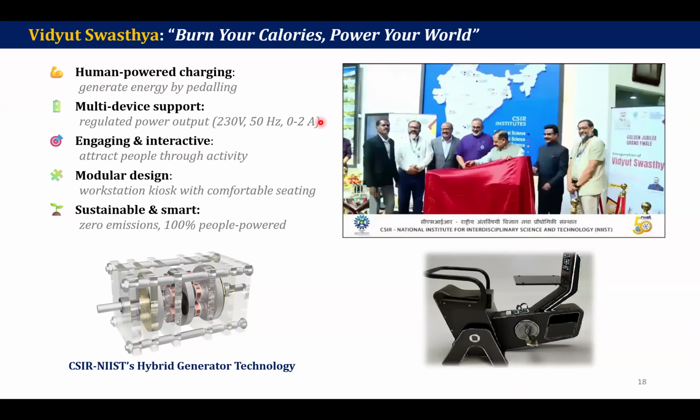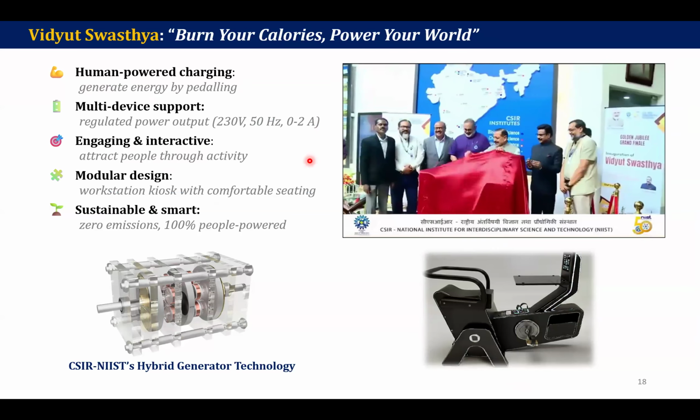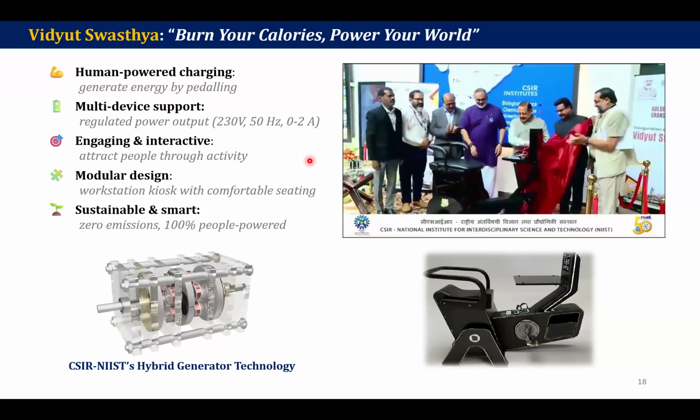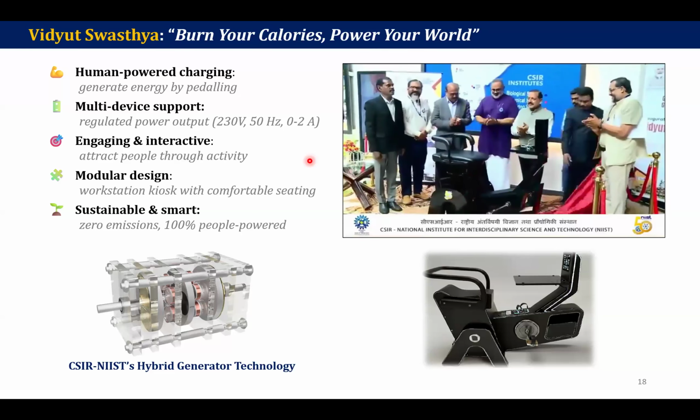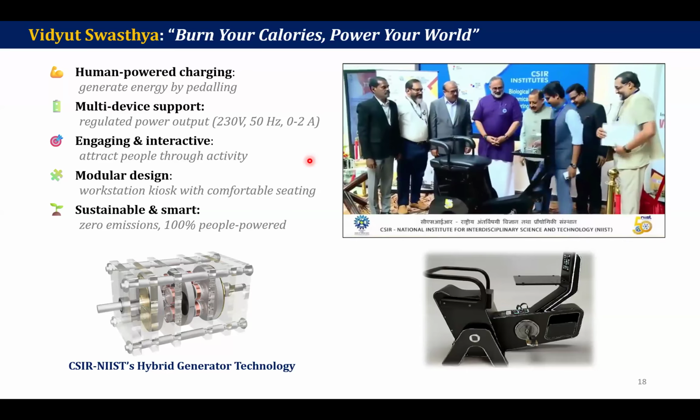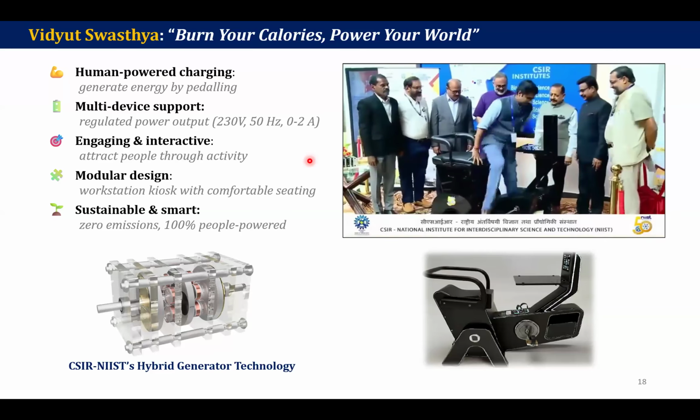So we entered into hybridization of nanogenerators. So we coupled triboelectric nanogenerators along with electromagnetic generators for maximizing the energy output. You can see that we have developed a machine called Vidyut Swasthya, which can burn your calories and power the world. So basically, it's a human-powered charging system, generating energy from simple pedaling.